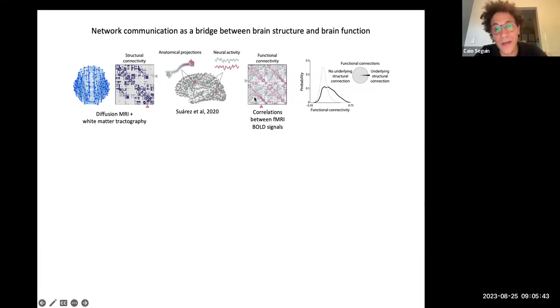And here on the right, we have functional connectivity from BOLD fMRI. So these are patterns of statistical associations between regional time series. And the point that this figure makes is that most functional connections are actually not underlined by a structural connection below them.